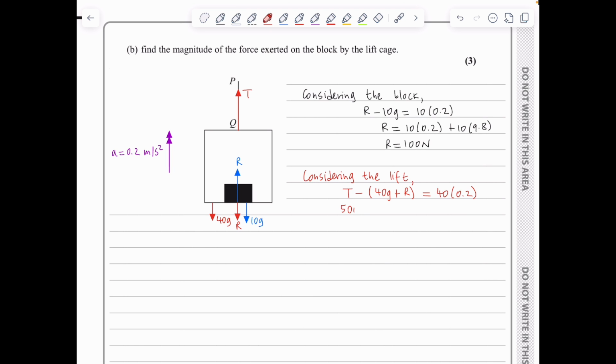So 500 minus the 40g minus R is equal to 40 times 0.2, which is 8. And therefore we get that 500 minus 40 times 9.8 minus 8 is equal to R. If we evaluate the left hand side, we get 100 to be the value of R, which of course agrees with the value we obtained through considering the block.